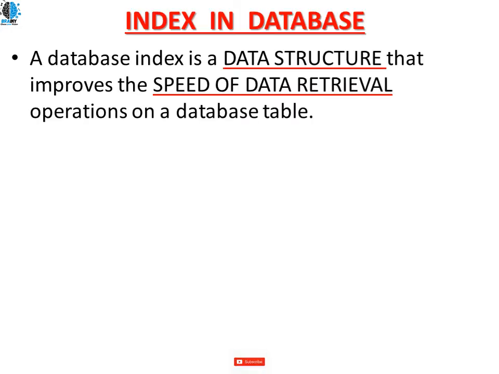Index in database. A database index is a data structure that improves the speed of data retrieval operations on a database, as I've told you. When all the data is stored in secondary storage, whenever a query comes to the processor, the processor cannot communicate with the secondary storage. The processor will ask the RAM to provide the data.